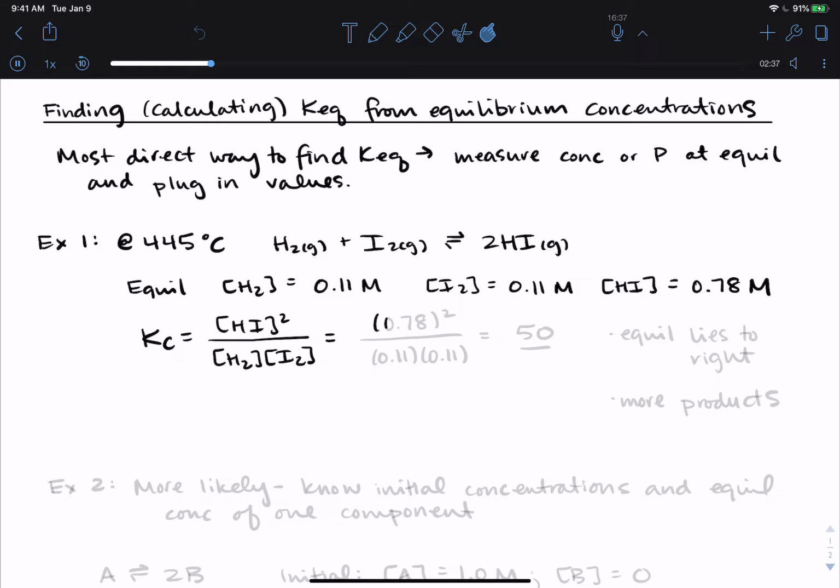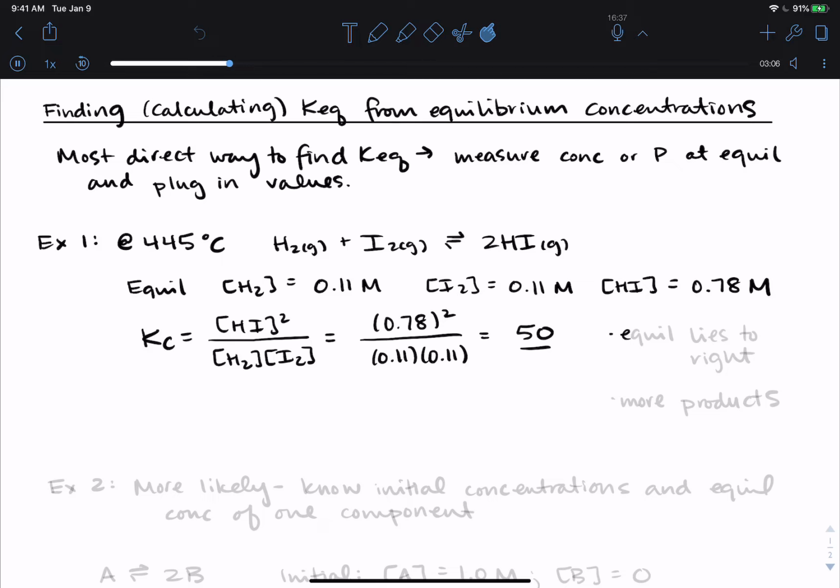My concentration of HI is 0.78, so that value is squared, and in the bottom, I have 0.11 times 0.11. You pop this into your calculator and you find that the equilibrium constant value for this reaction at this temperature is 50. And you now know how to interpret this number.